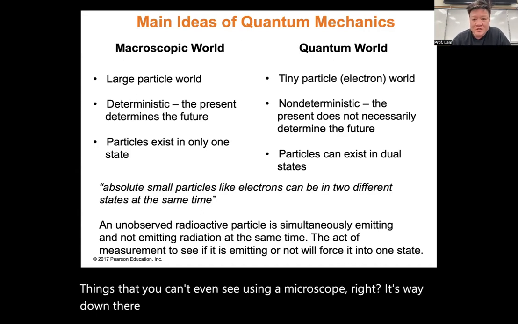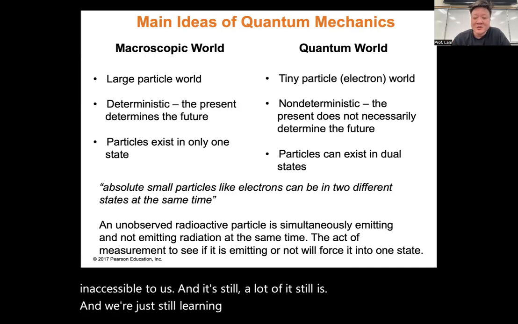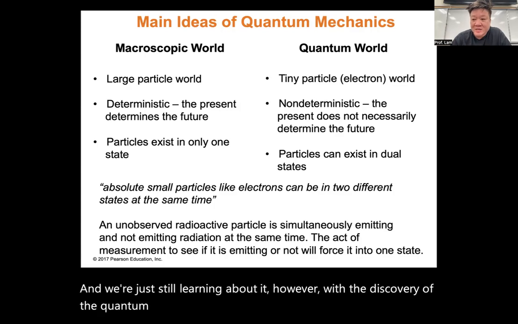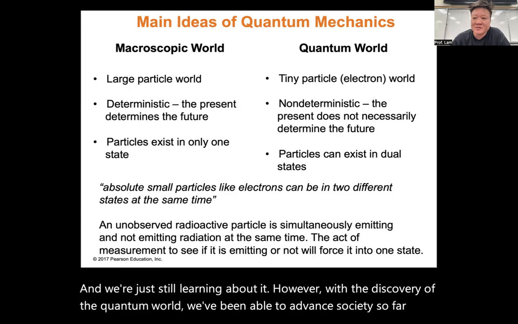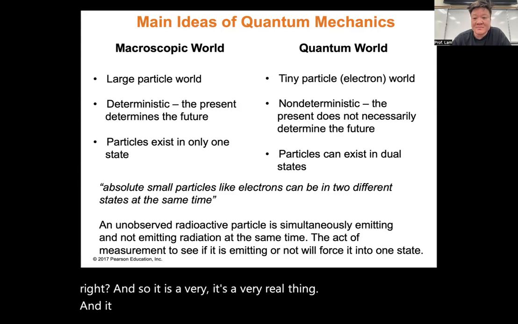So largely that quantum world was inaccessible to us, and it still is, and we're still learning about it. However, with the discovery of the quantum world, we've been able to advance society so far. It's a very real thing, and it has a big impact on our world.